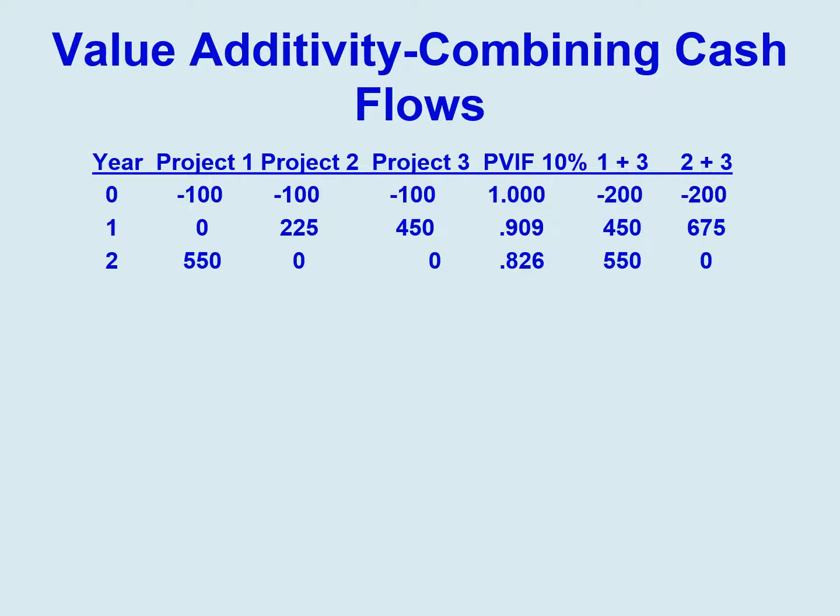For project 2 and 3 combined, again, we have a $200 investment with $675 coming in year 1, and then nothing in year 2. Now, let's just rerun the NPV and the IRR for the combined projects and compare it to the ones we got for the individual projects.